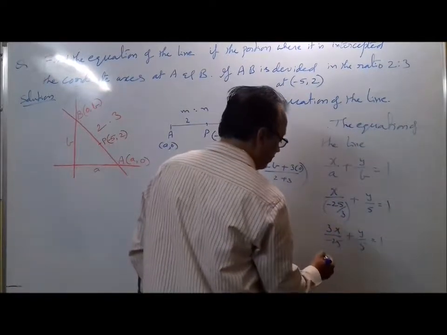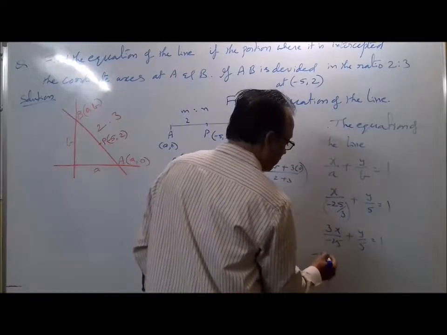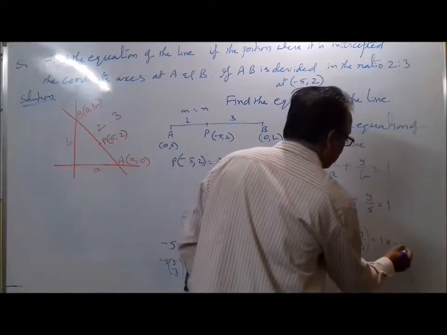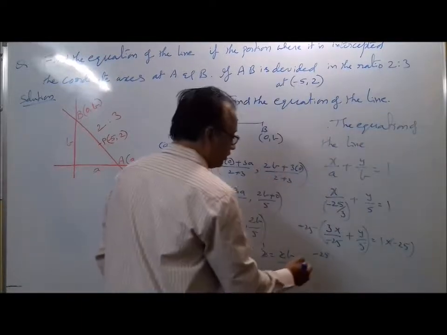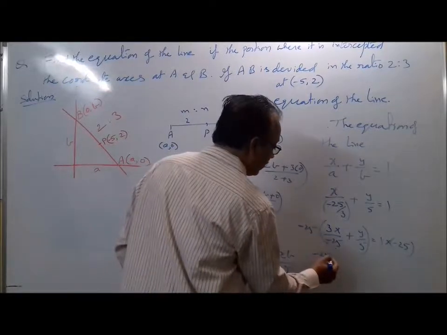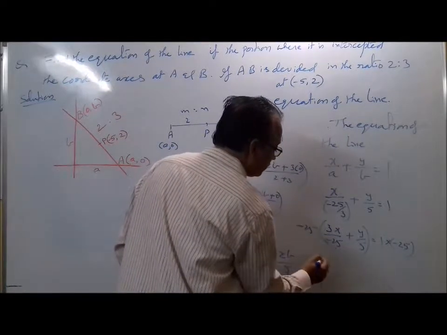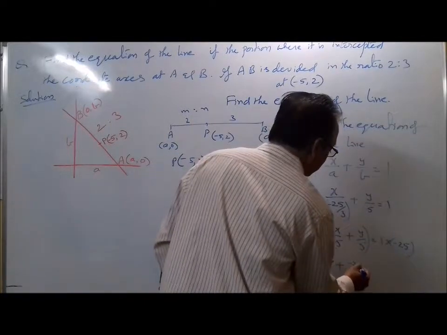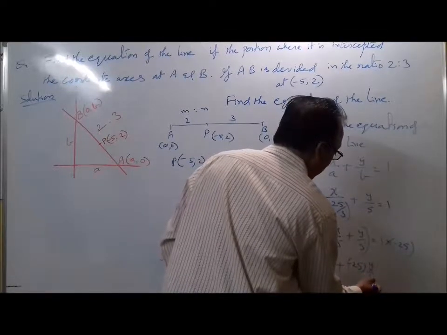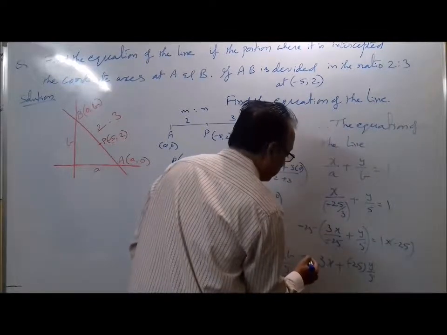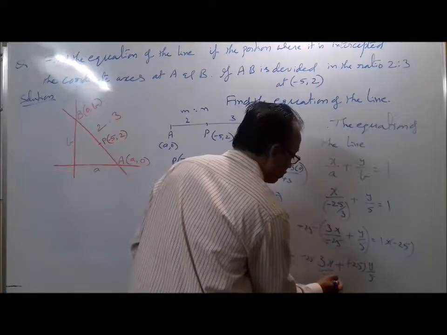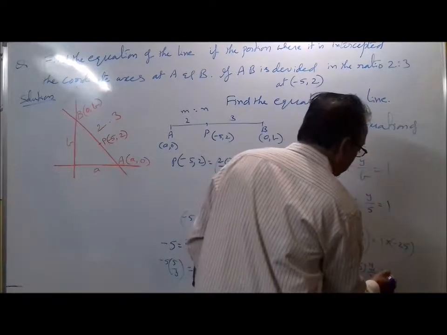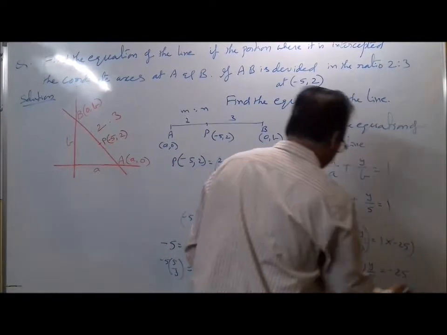So I multiply with LCM minus 25. So minus 25 here, also minus 25 here, also minus 25 here. Here minus 25 will cancel. So what will I be getting? 3x plus minus 25 into y by 5, is equal to minus 25.